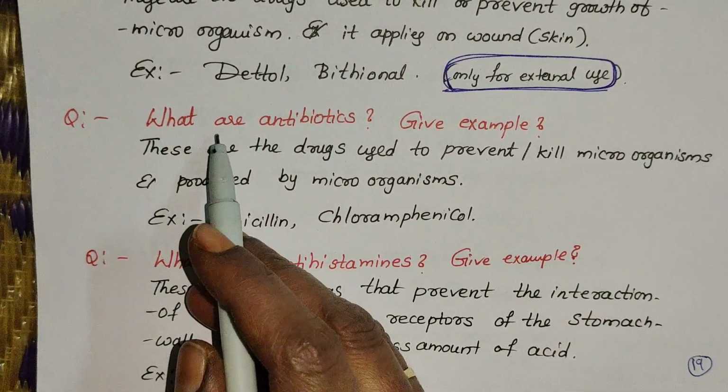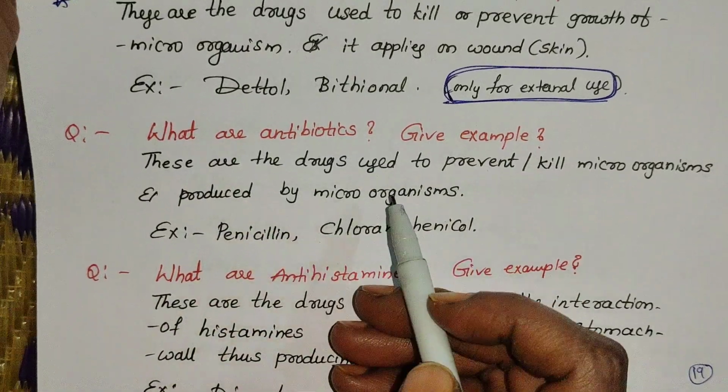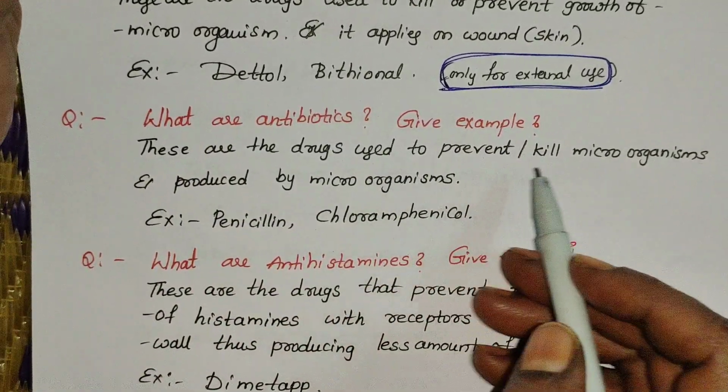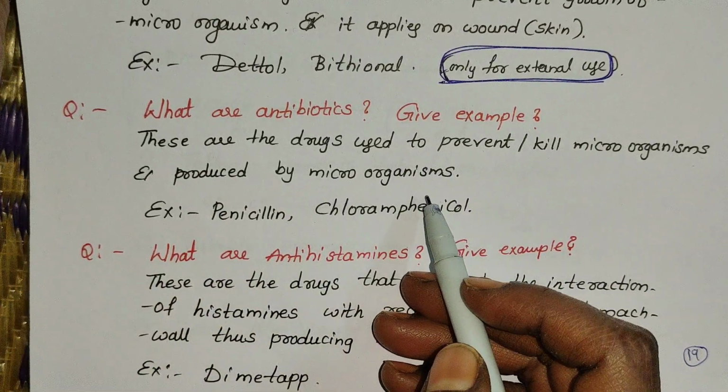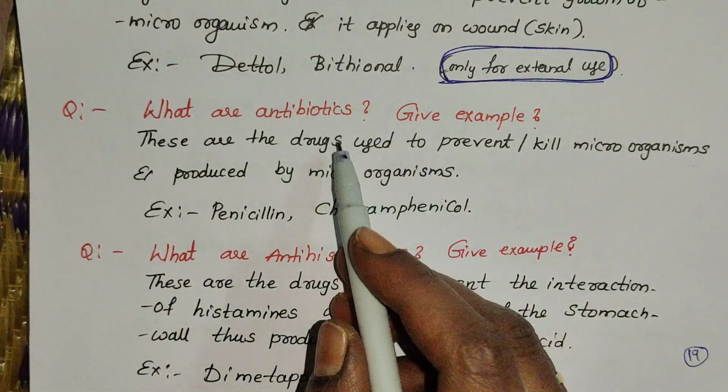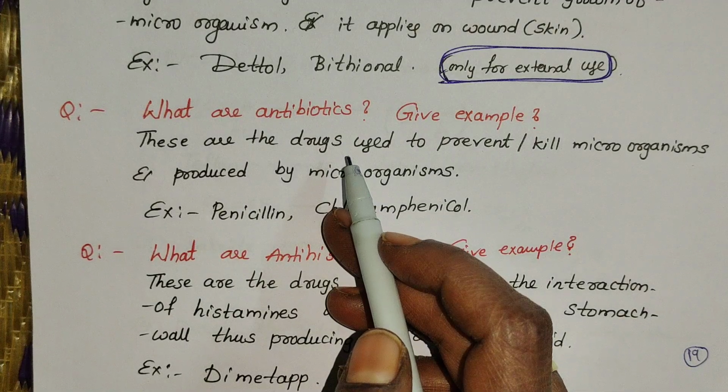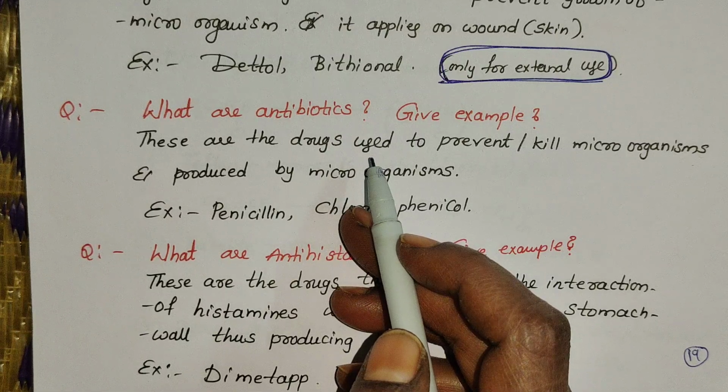Next, what are antibiotics? Give an example. These are the drugs used to prevent or kill microorganisms, produced by microorganisms. Okay, so antibiotics only. Simply you have to remember beta, biotic, especially by bacteria like microorganisms.